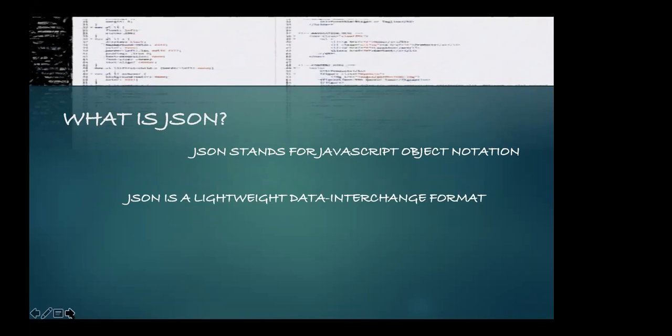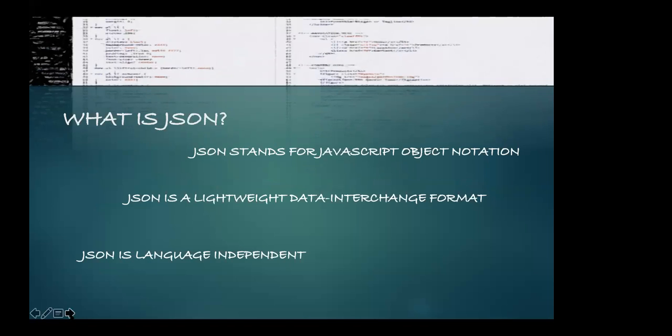JSON is a lightweight data interchange format. So it's just text. We can create one in any text editor, and we need to save it with the .json extension, and that way we can use it in other programs.